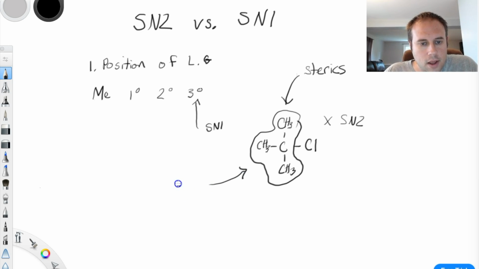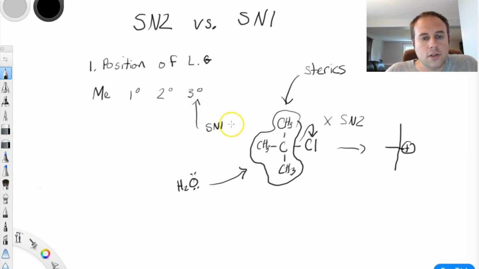So let's pick out a nucleophile here like H2O. If water was trying to come in as the chlorine is leaving, it's too crowded in this area. So the chlorine needs to leave, create a carbocation, and then the water could come in at that point.